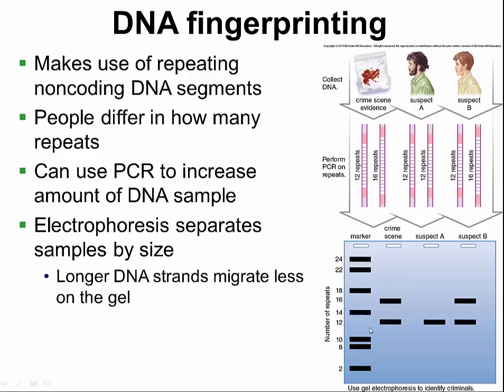So ladders are useful in determining the size of the unknown bands that we have on our gel. Again, this is gel electrophoresis. We want to be sure that we know what's the charge of DNA, what determines how quickly DNA migrates through a gel, and why would you have one band versus 2 bands found on the gel as we've just described.